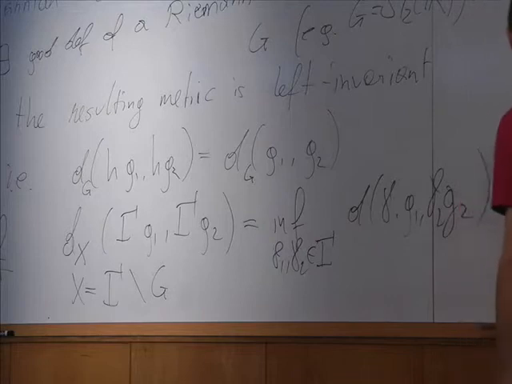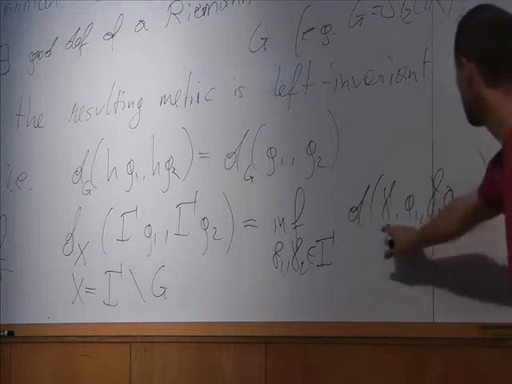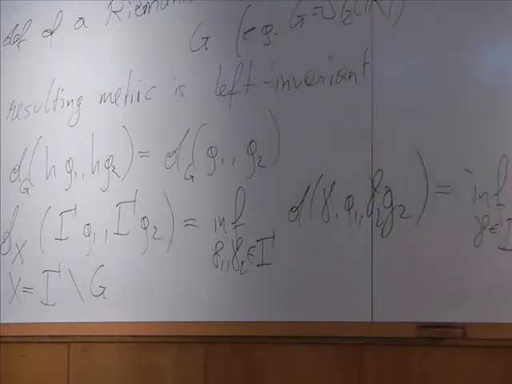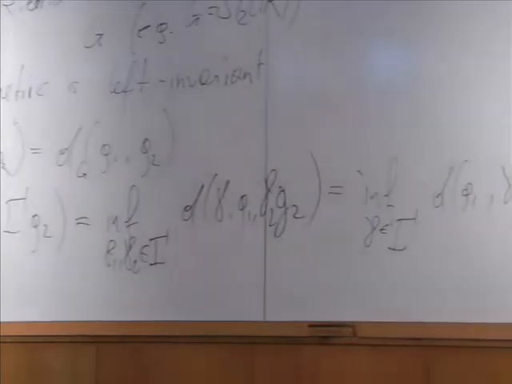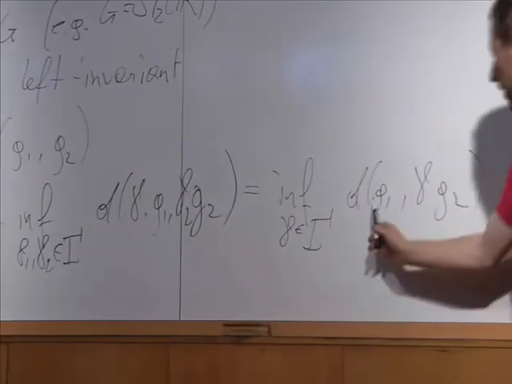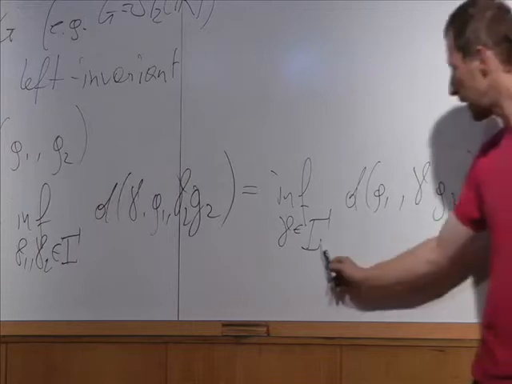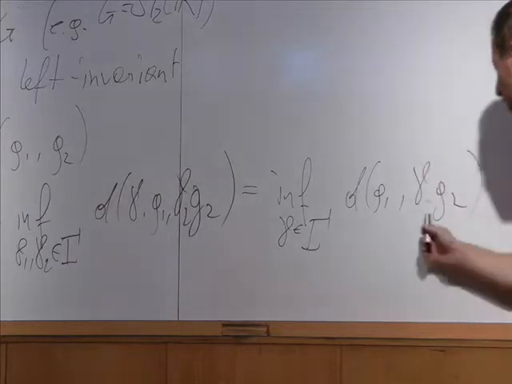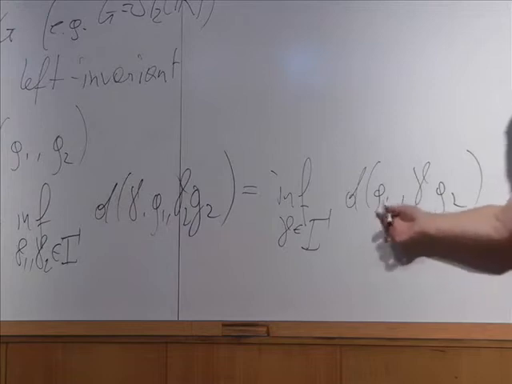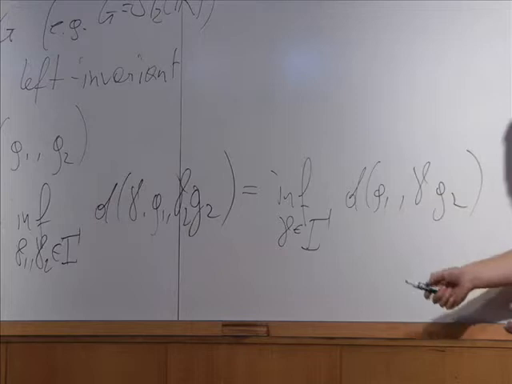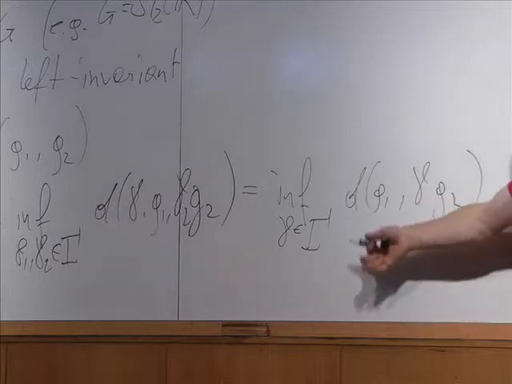We can also write it as the infimum over gamma in Gamma. Gamma is a group, right? So I can put this over here and then use that it's a group and write it like this. And once I've eliminated one of the gammas and I've only one left, I can say Gamma is discrete, so it's closed, and no matter what I do with the G1 and G2, I realize that this infimum is actually a minimum, because Gamma is discrete and closed.